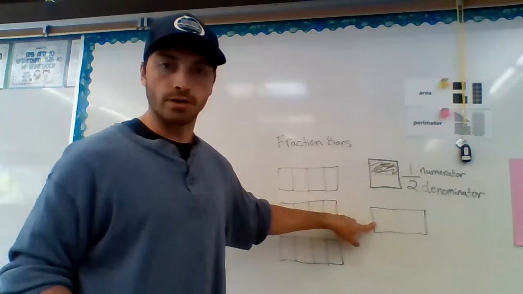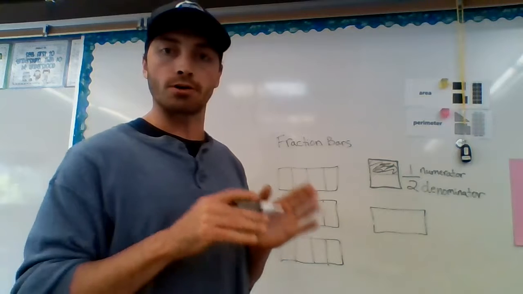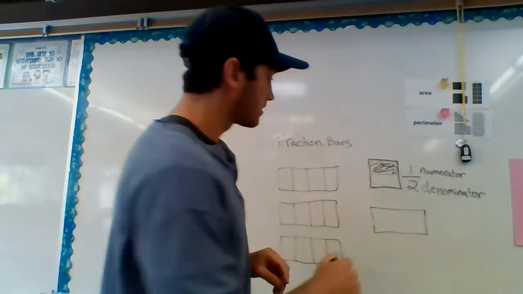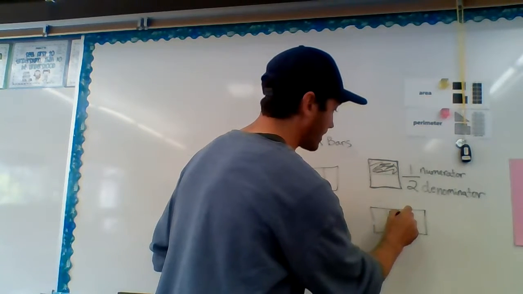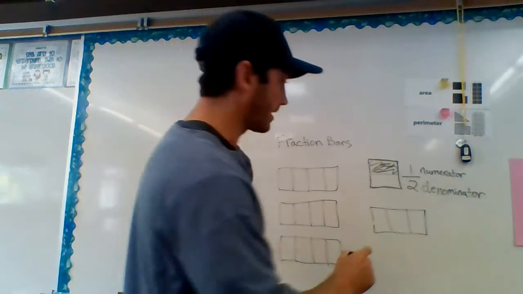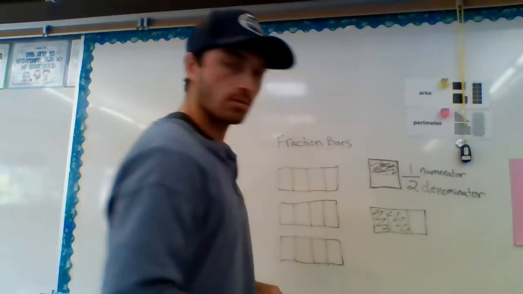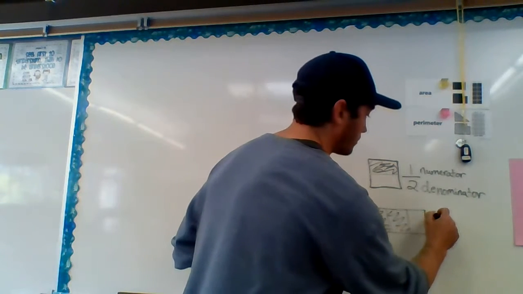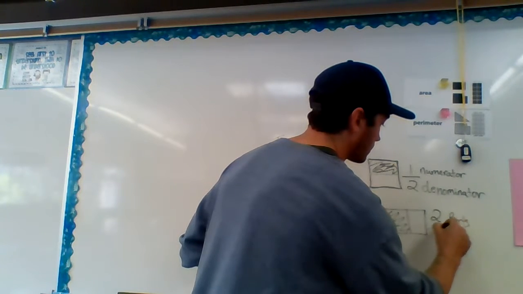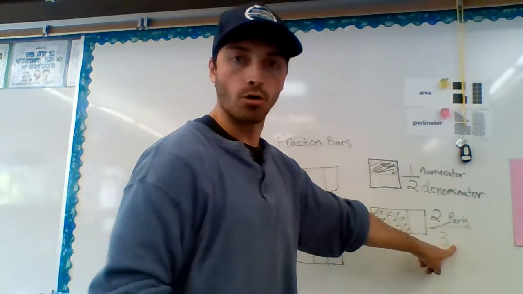Now what if we look at this rectangle? We can divide shapes into as many parts as we want as long as they stay equal. So if we did 3 equal parts and we shaded in 2 of our parts, we would have 2 parts out of 3 that makes our whole.